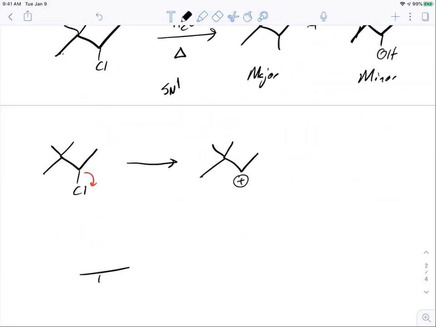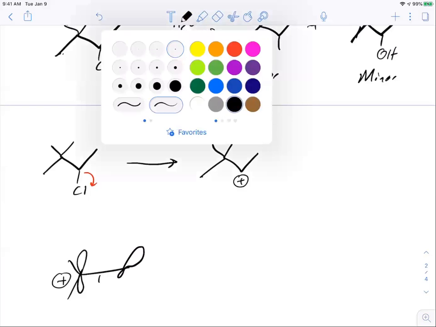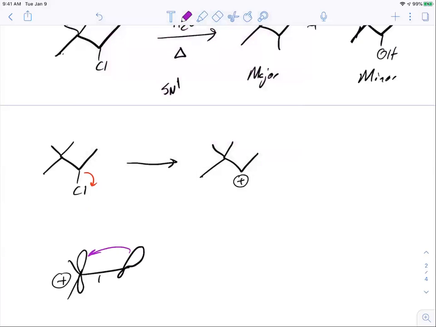We know that a carbocation can be stabilized by the hyperconjugation to that sp3 carbon.